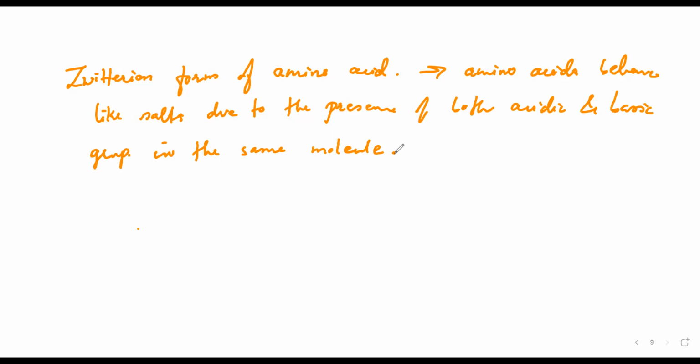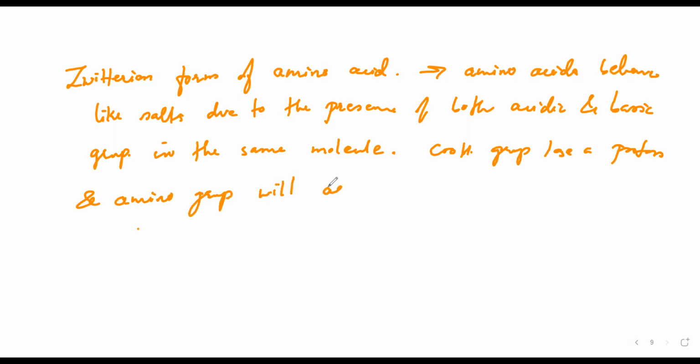So in the aqueous solution, that COOH group is going to lose a proton, and who will accept it? The amino group. And vice versa. So here there exists a dipolar ion.